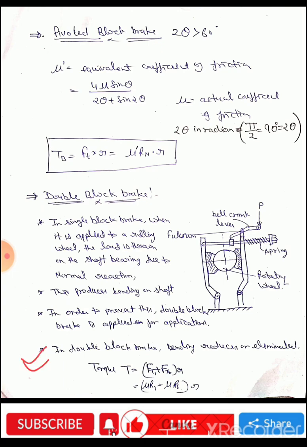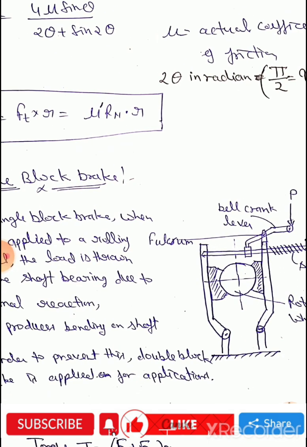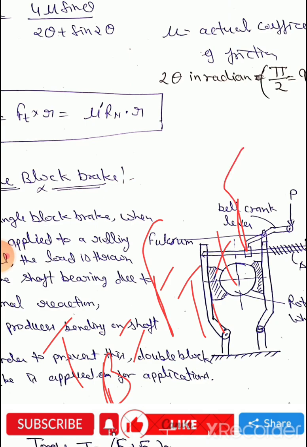The formula of braking torque here is TB equals Ft1 plus Ft2 into R.